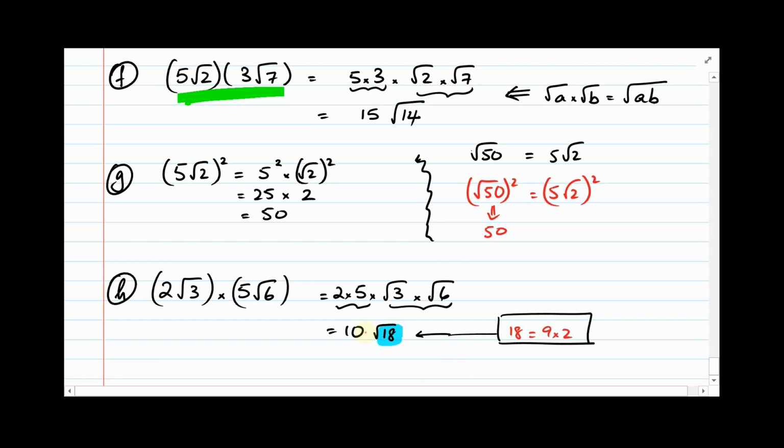So I can definitely rewrite that as the square root of 9 times 2. This is square root of 9, square root of 2, and I'll just be bringing back this 10. What do I get? 10 by 3 root 2, which is 30 root 2.